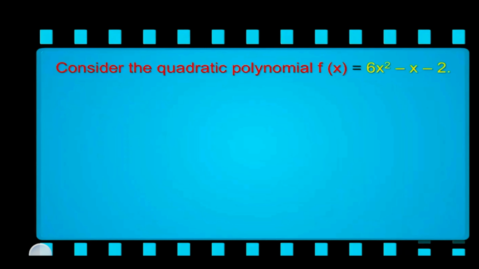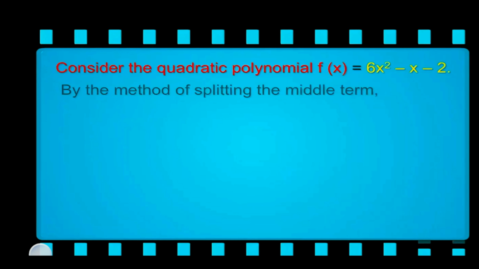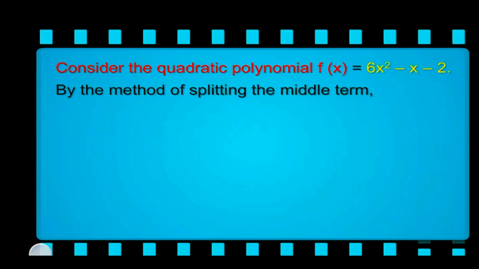Consider the quadratic polynomial f of x equal to 6x squared minus x minus 2. By the method of splitting the middle term, we have f of x is equal to 6x squared minus x minus 2. Minus x can be split as minus 4x plus 3x.